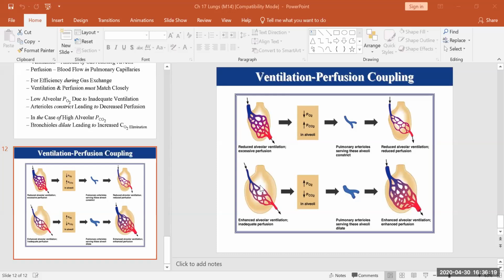In this case here, this is when the alveolus has normal ventilation. Then what's going to happen is the blood vessel, the capillary bed, will dilate out, to allow more blood to flow in, because there's a lot of air to be exchanged. If you allow more blood in, there's more gas exchange, right?